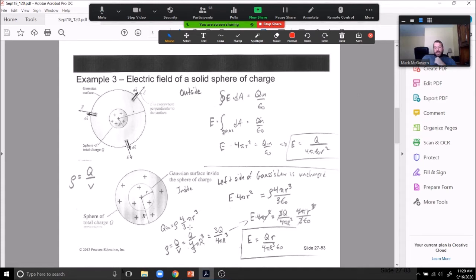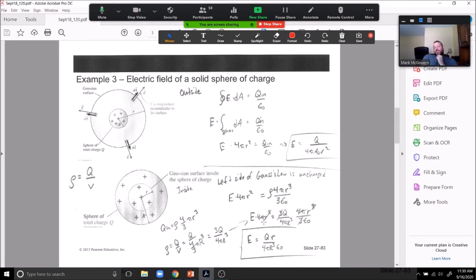All right. Now, what is rho overall, though? Well, rho would be the total amount of charge, which I'm just going to call Q, over the entire volume of the sphere, which is 4/3 pi R cubed. And so I rearranged and I get this expression here.